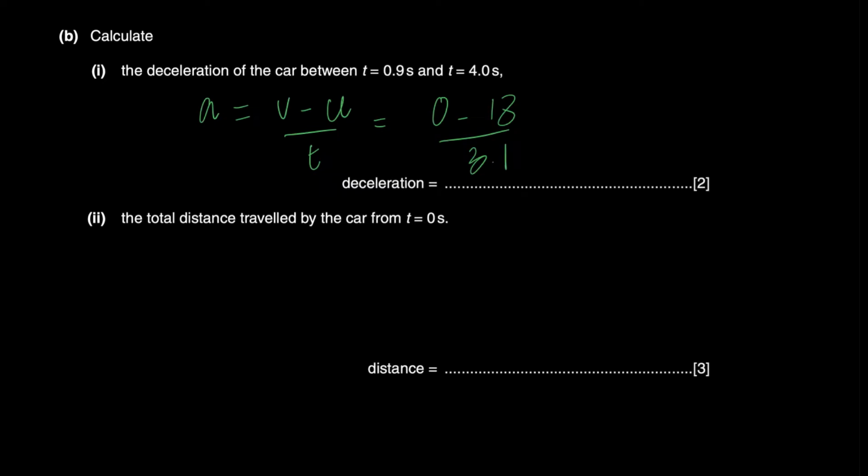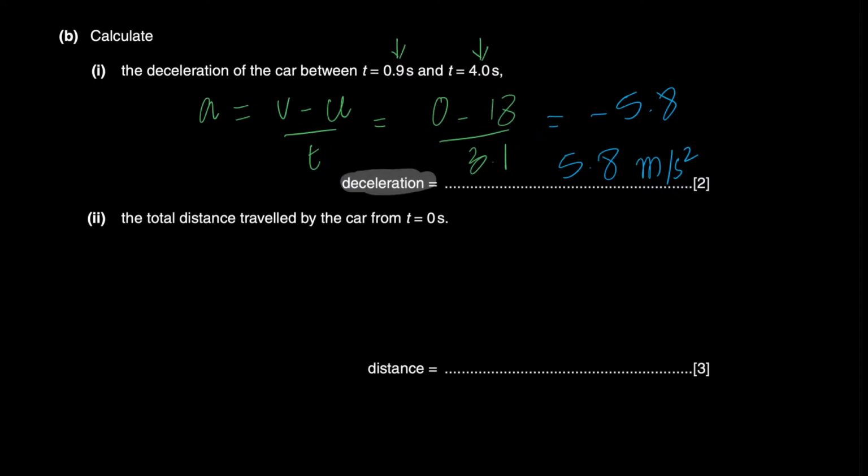That's the difference between 0.9 and 4. Putting it in the calculator, it should come out to negative 5.8. But the question has already highlighted that it is a deceleration, so you don't need to put the negative sign. It's going to be 5.8 meters per second squared.